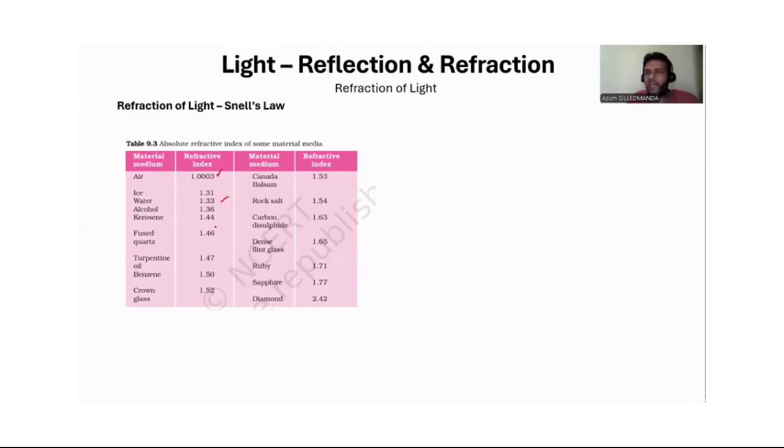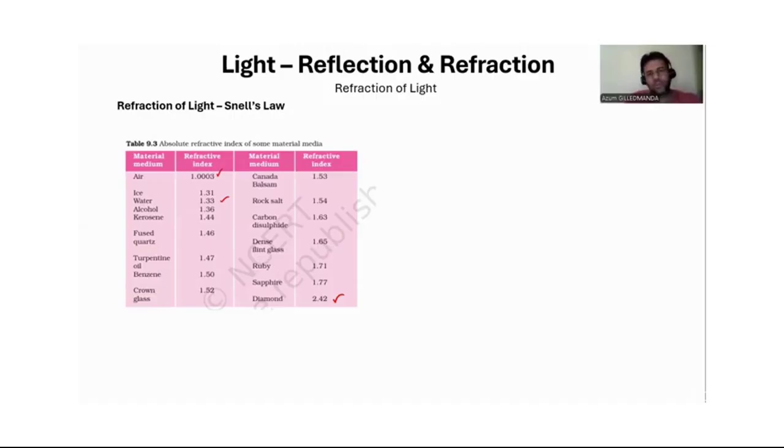That means light travels slower in water than in air. Similarly, alcohol, kerosene. And if you look at this, the refractive index of diamond is the highest. That means light travels very, very slowly in diamond. Okay, so that's about refraction of light and Snell's law.